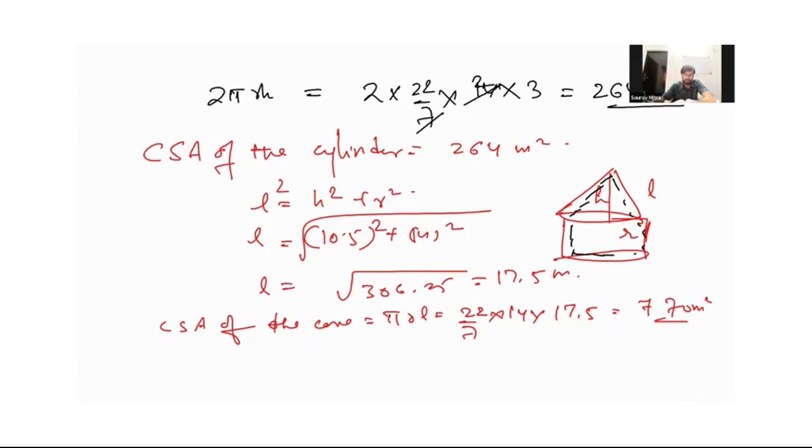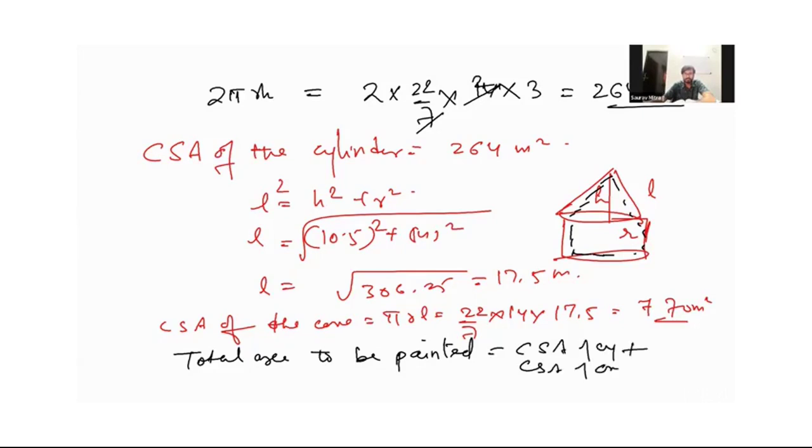So the total area to be painted is the curved surface area of the cylinder plus the curved surface area of the cone, 264 plus 770, which is 1034 meter square.